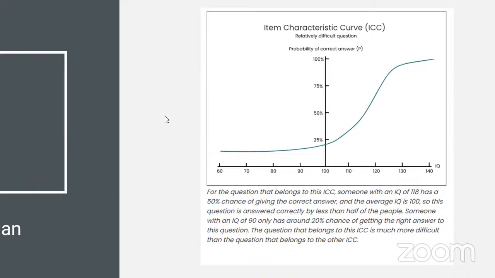That means when students perform better, their probability of a correct answer is also good. This is called the item characteristic curve.